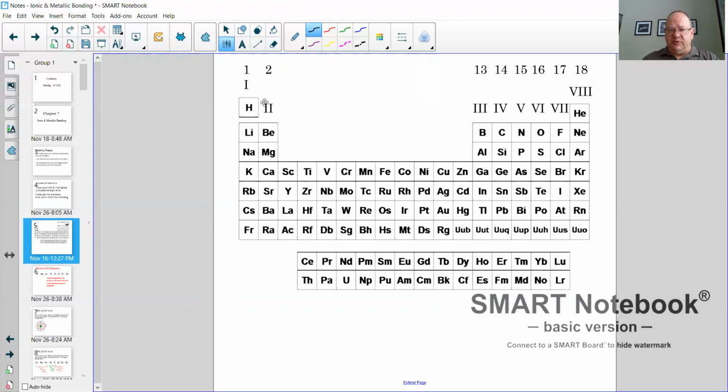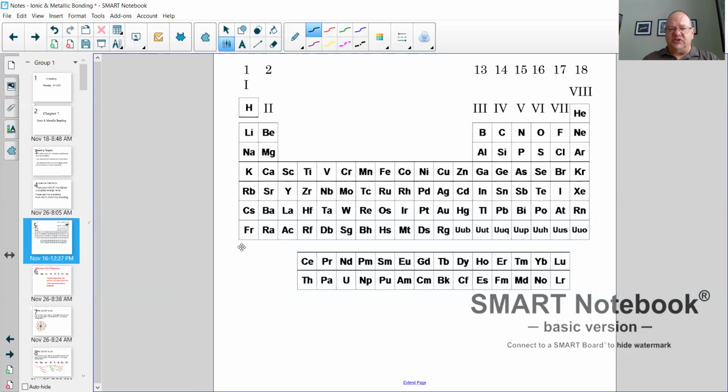But there's the older system with the Roman numerals. If you look at the Roman numerals, the representative elements, which is the first two columns and the last 6 columns, have Roman numerals 1 through 8. The valence electrons of those elements in those columns is 1 through 8.